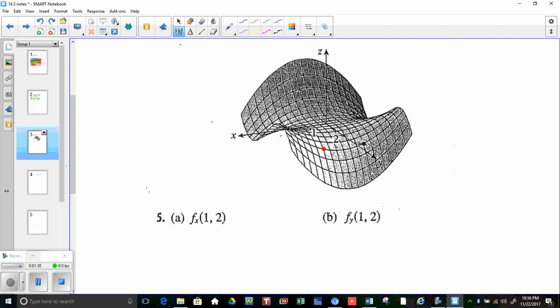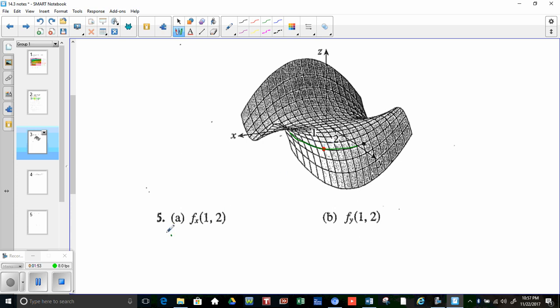So how is this changing? It appears along that line right there, where we're holding y constant, that this is sloping upward. It looks like it's curving upward.